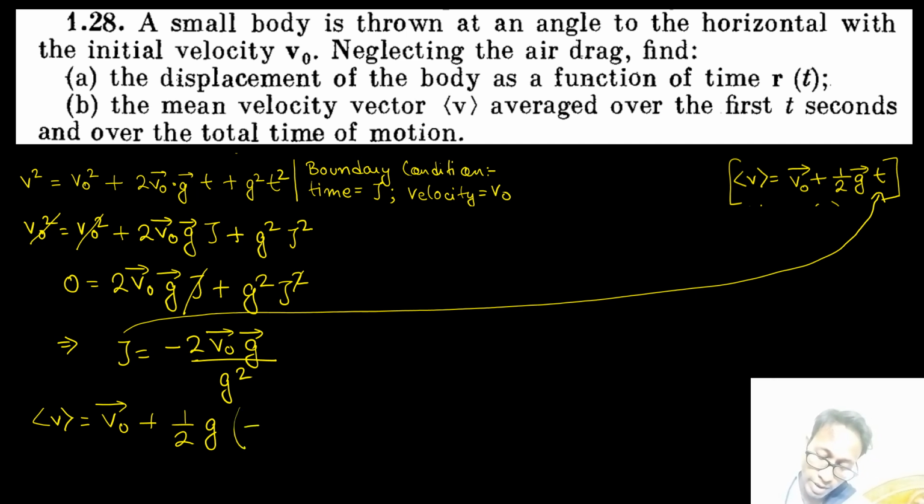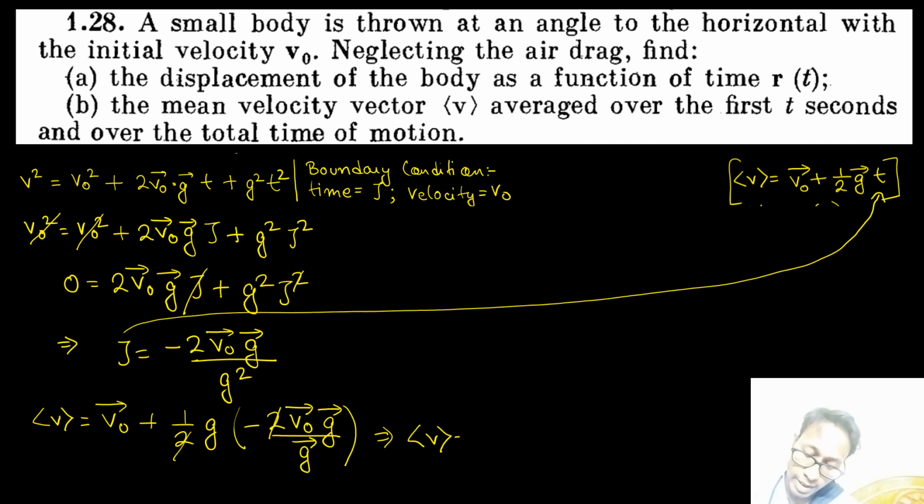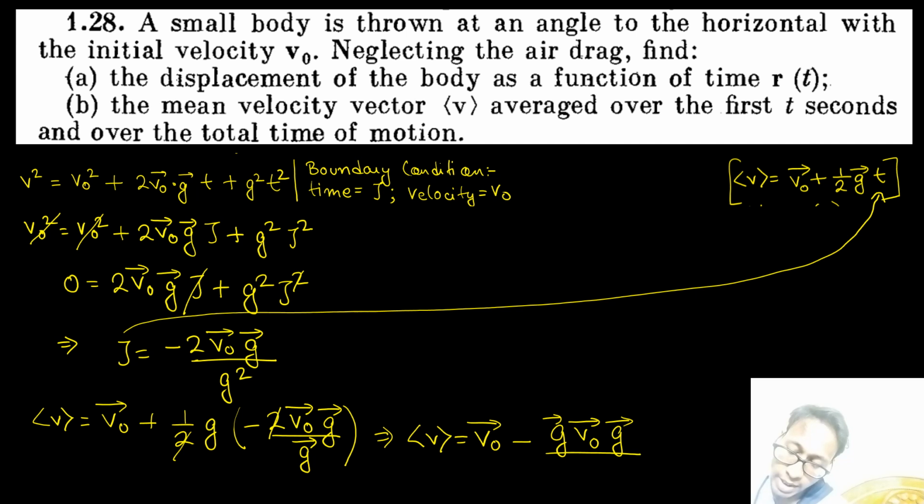Tau is nothing but minus 2 V naught G by G. 2 and 2 would get cancelled, minus would come outside, and V is equal to V naught minus G V naught G by G square.